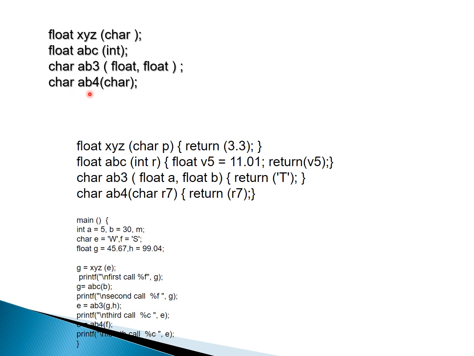And here, character: return type, name of function, and the parameter. The type of the parameter is character. So these are the prototypes for these functions. Now you can write this function after the main function, or you can write this function first.